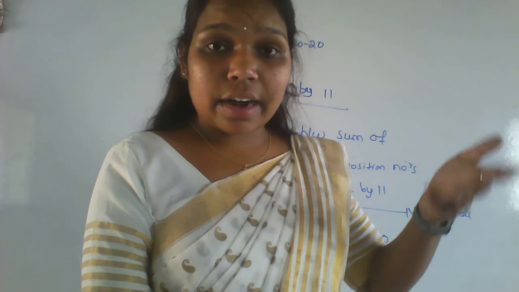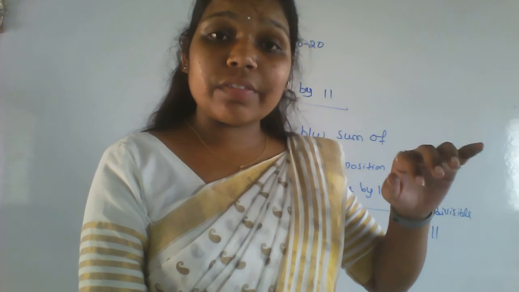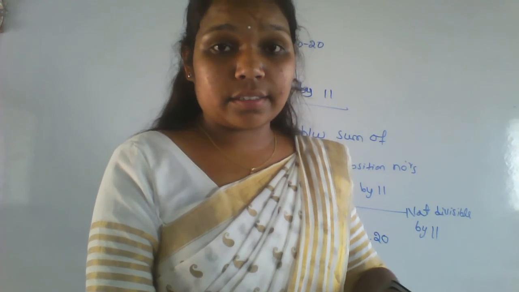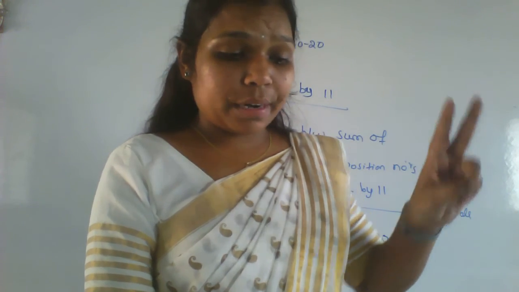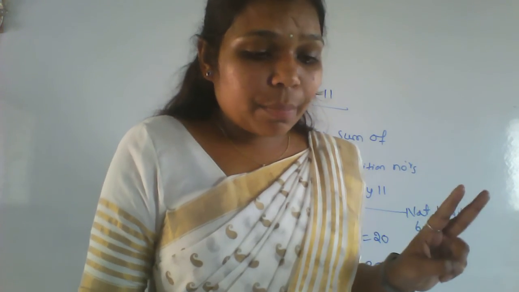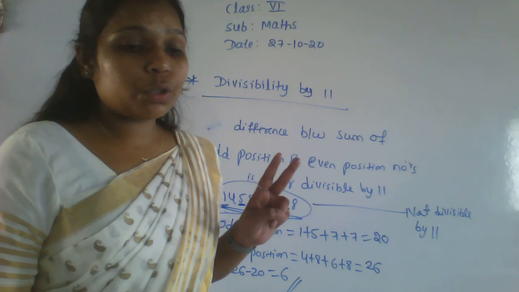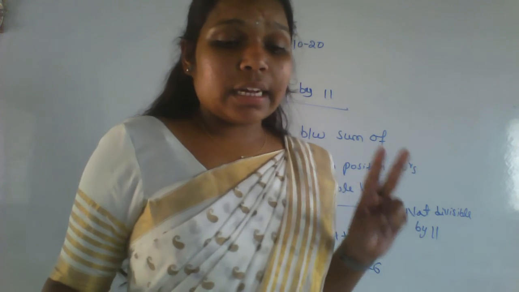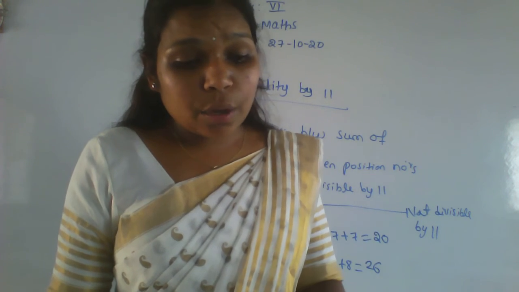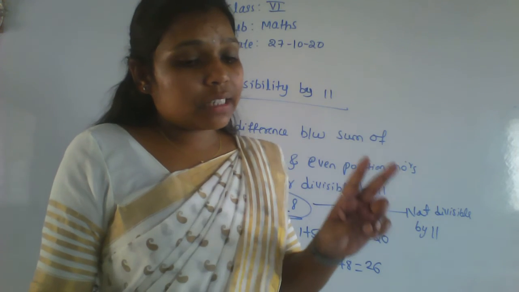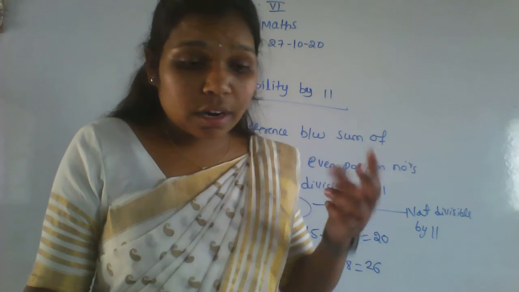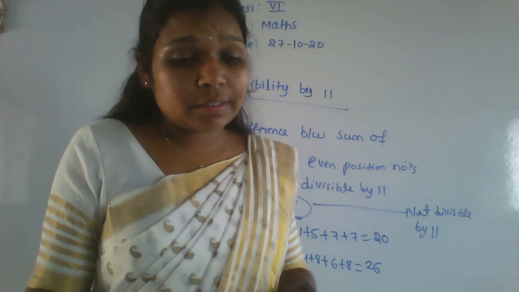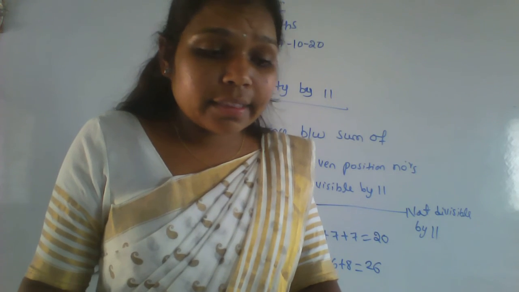Second property: if a number is divisible by each of two or more co-prime numbers, then it must be divisible by their product.